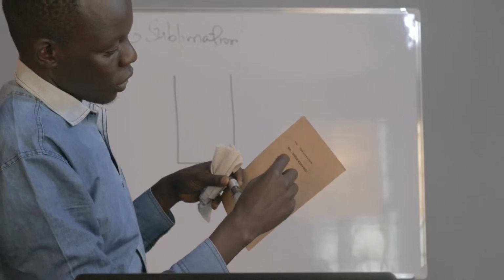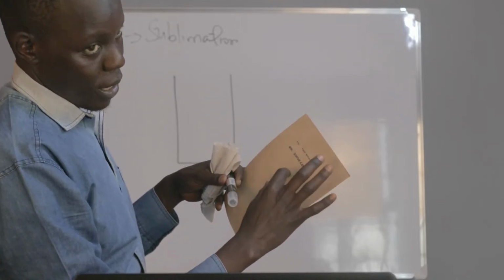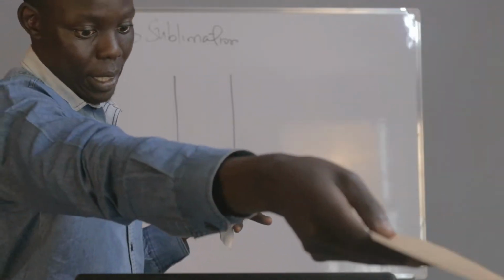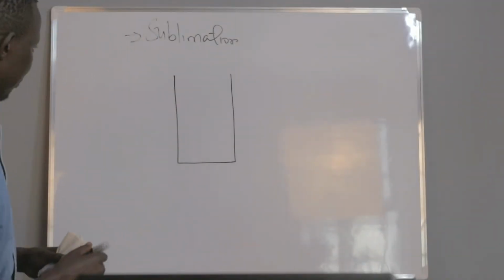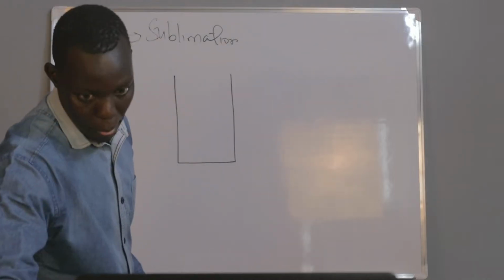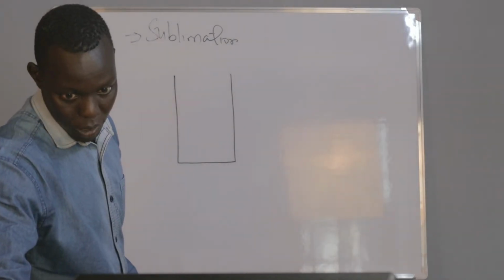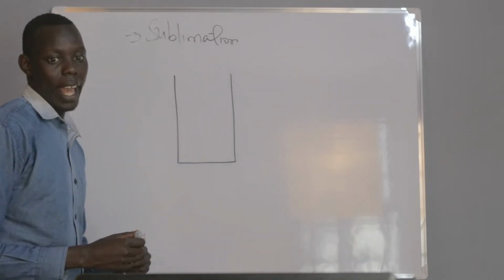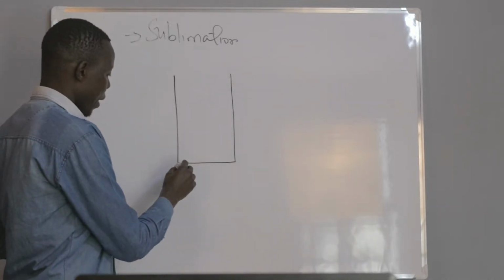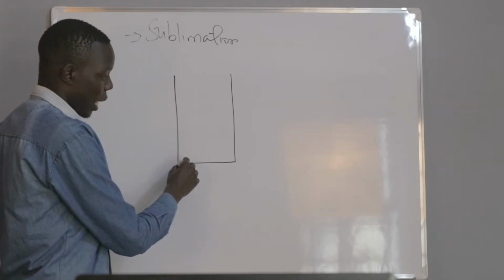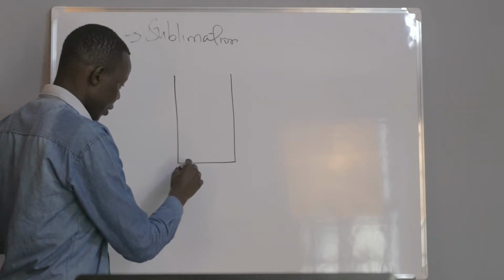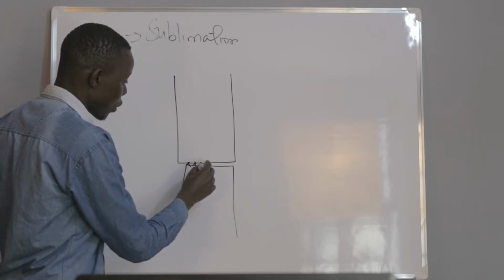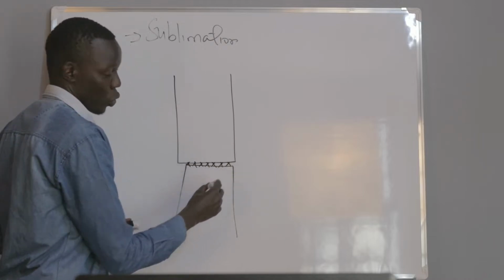If you want to describe sublimation, you want such a diagram whereby here it undergoes heat, and here you have a wire gauze. Wire gauze is meant for uniform heat distribution.